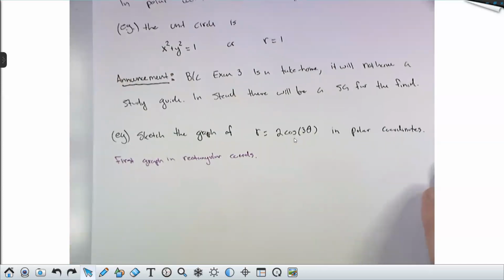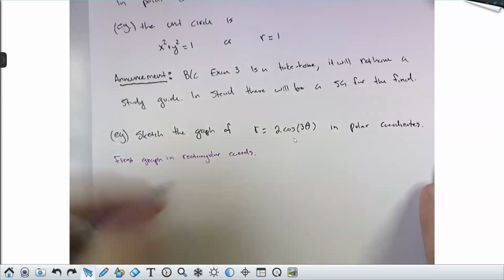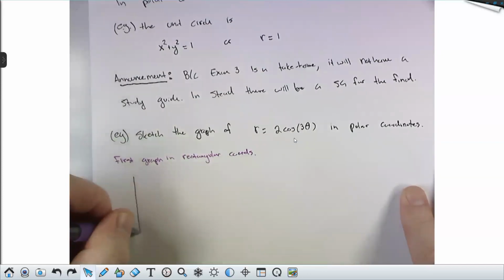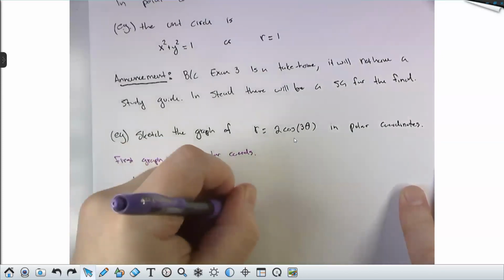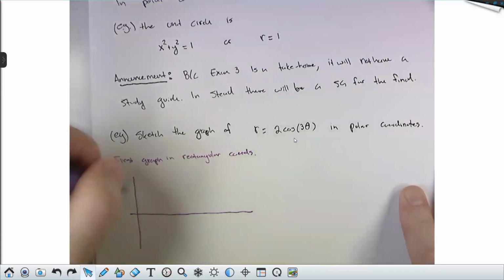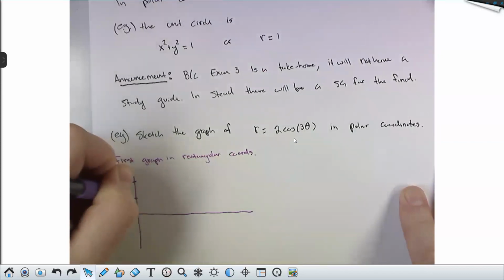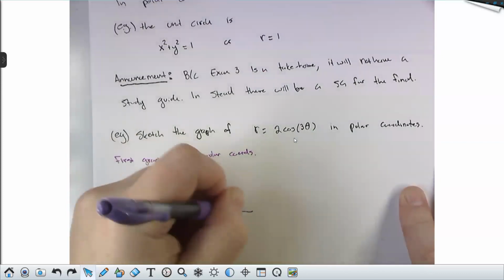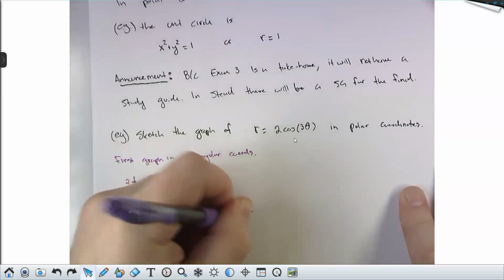And rectangular coordinates is like the normal thing, right? Where you've got your vertical axis and your horizontal axis. And you always want to make sure your graph goes out at least to 2 pi.